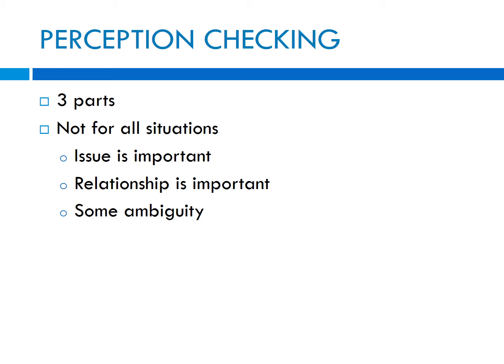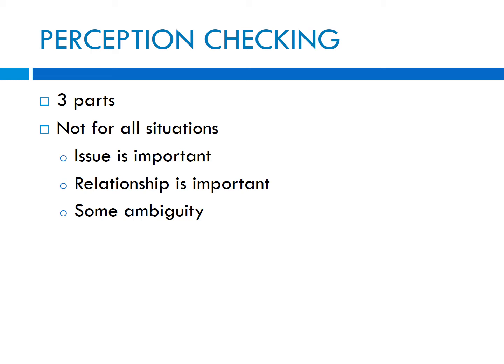Although this is a situation that you would want to respond to, this probably isn't a situation that calls for a perception check. While the relationship and situation are important, it's pretty unlikely that this was ambiguous or that there was a misunderstanding resulting from differences in interpretations. Most of us know it's not okay to take money out of a friend's wallet.